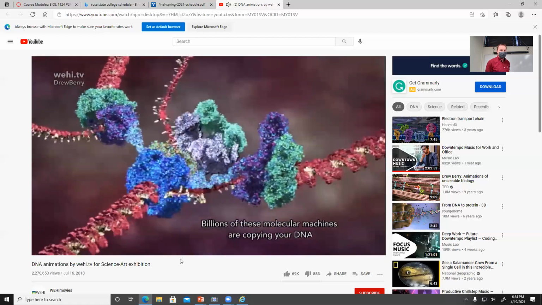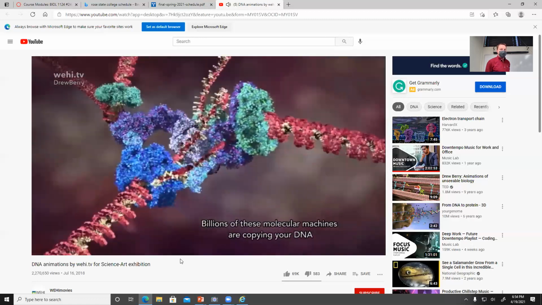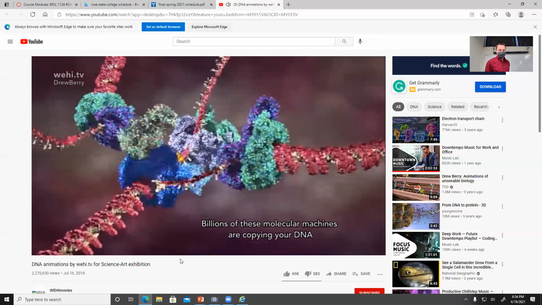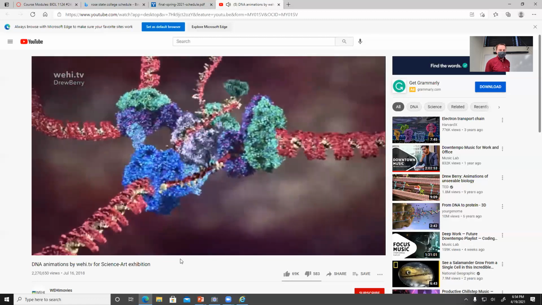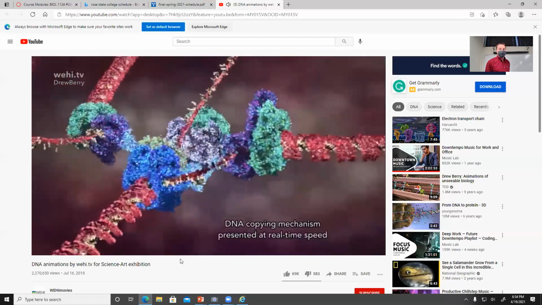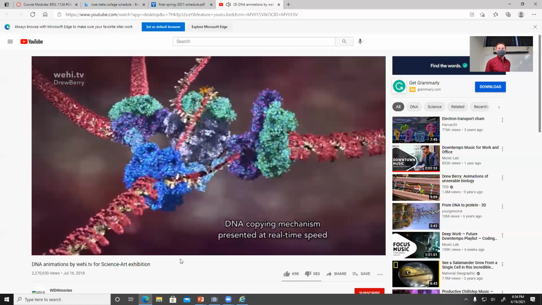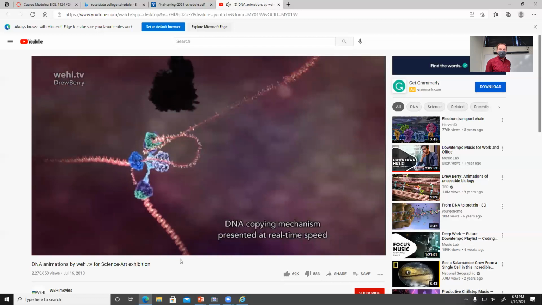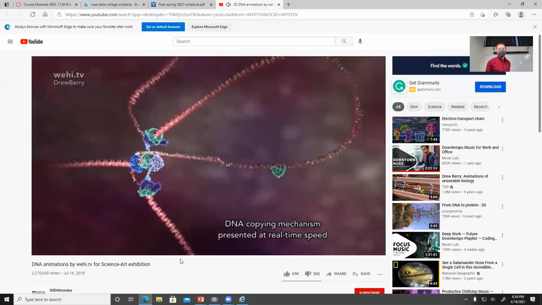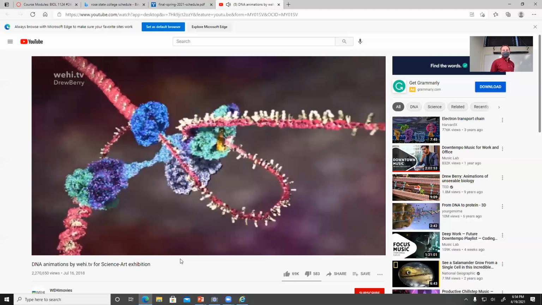So it splits into two halves, makes a copy of both halves. Where is that at? Ribosome? This is inside the nucleus. And they're saying that this is approximately what it should be going in real time. This is occurring in the nucleus during interphase.